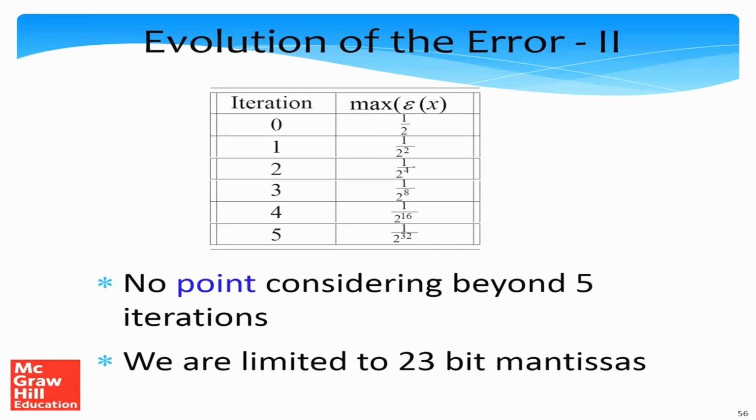And why 5? Because we reach 2 to the power 32, which is beyond our limit of 23 bits. So how many iterations do we take? Well, if we have a 32-bit number system, n is equal to 32, and we proceed in powers of 2, so we proceed in log steps, so we require log n iterations.